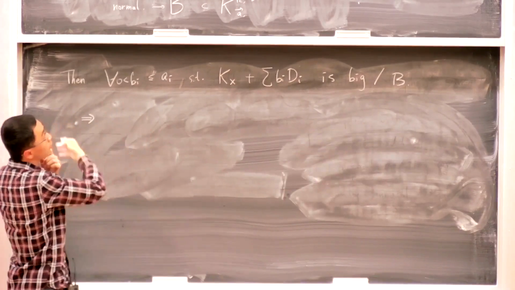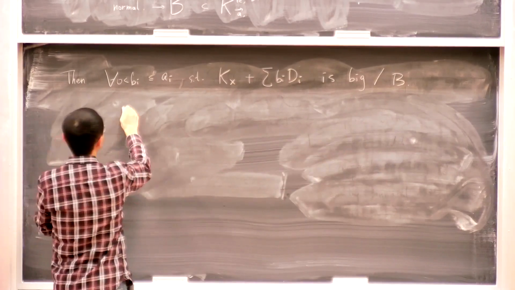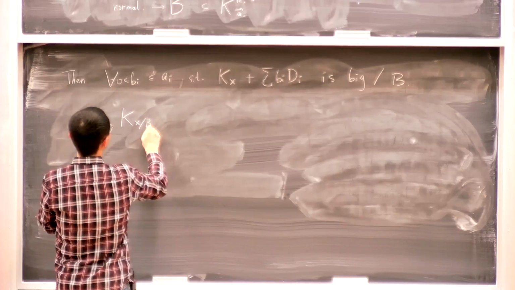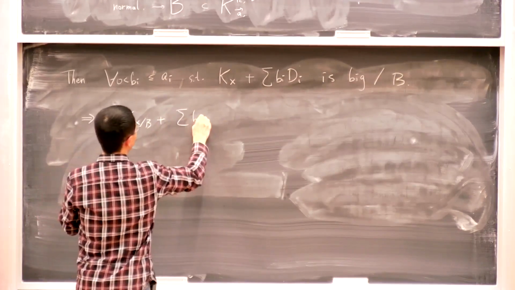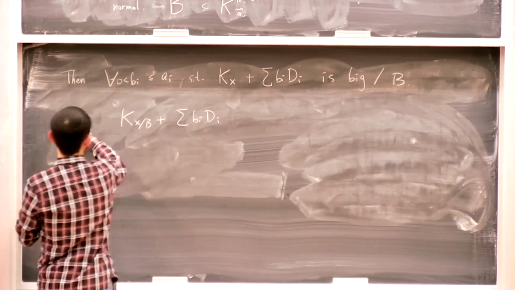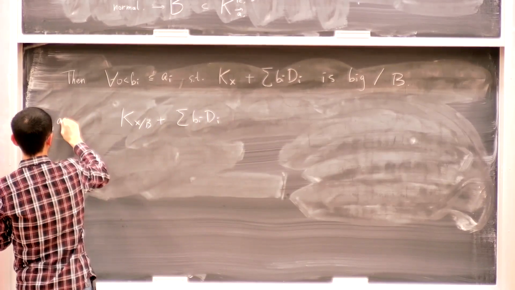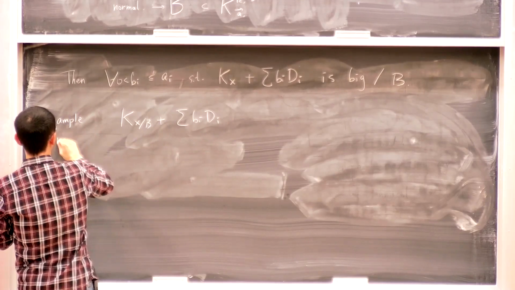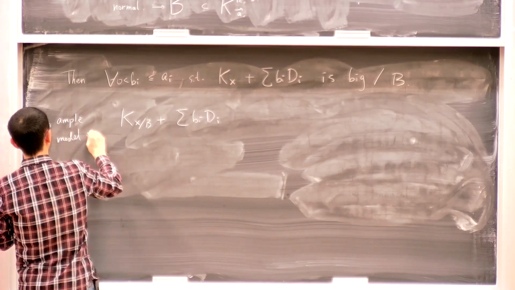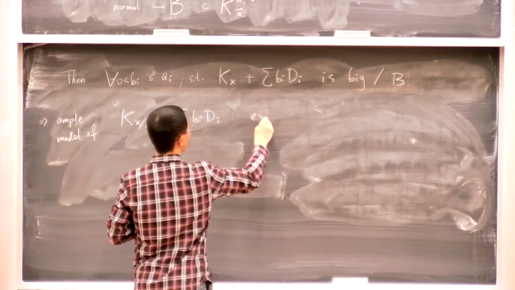I can take an ample model construction in family. So then this K_{X/B} plus the sum of the b_i D_i, the ample model of this exists.